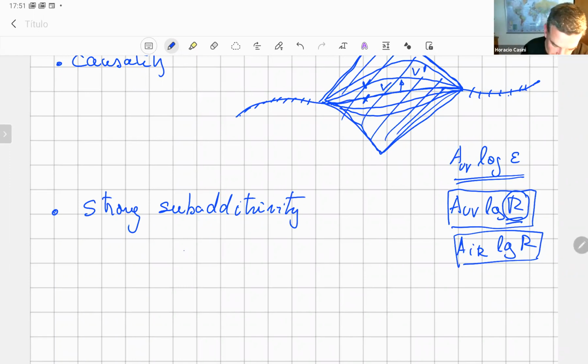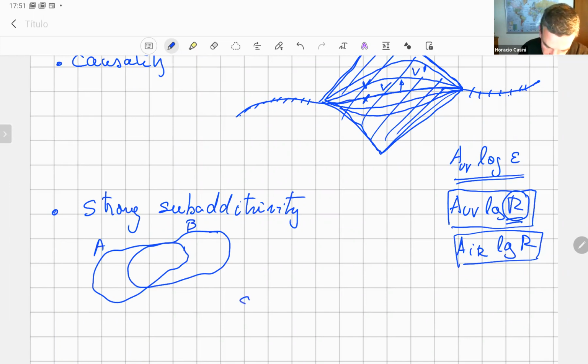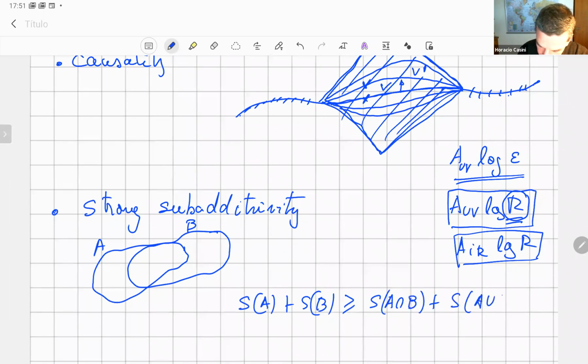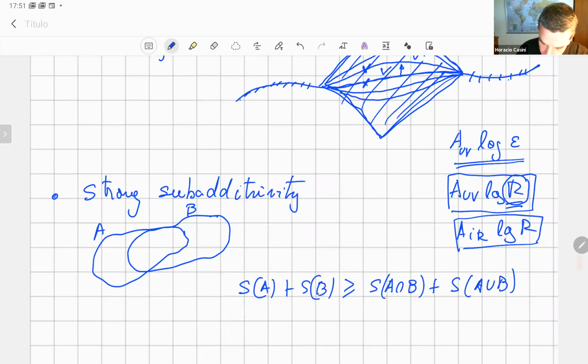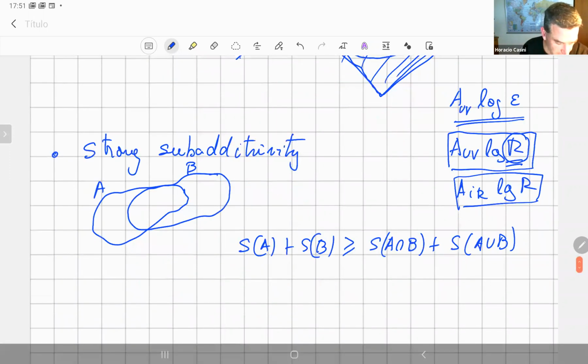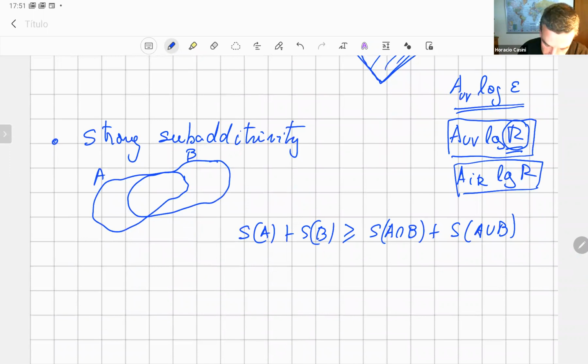If I take two regions, A and B, the strong subadditivity writes S of A plus S of B is greater or equal than the entropy of the intersection, plus the entropy of the union, which is quite a geometric thing for these algebras of regions.